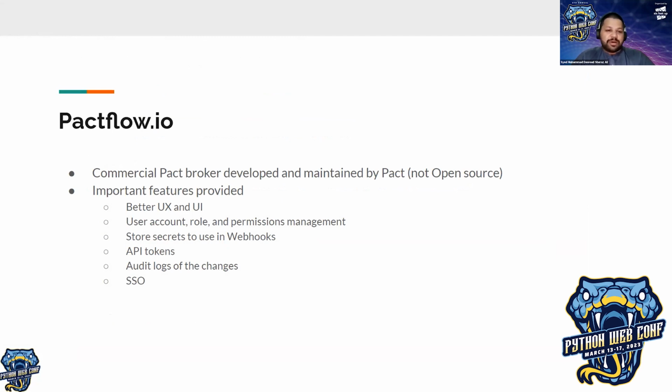One big drawback with Pact Broker is that there is no user management there. So if you're using Pact Broker, you'll have to move it behind some sort of VPN so that it's not publicly accessible. With Pactflow, we do get our user and role management. And it also maintains the audit logs of when the consumer, provider, or contract changed.